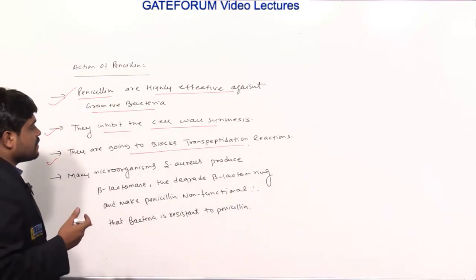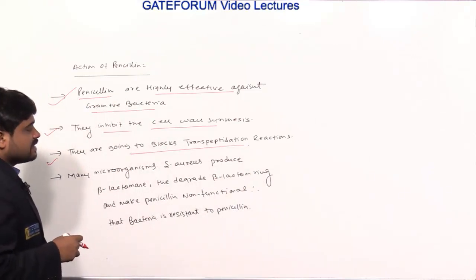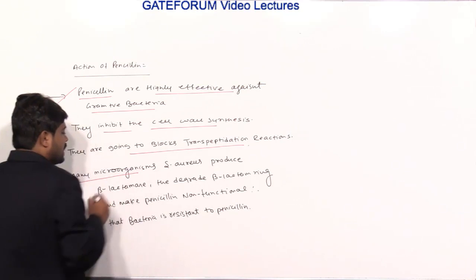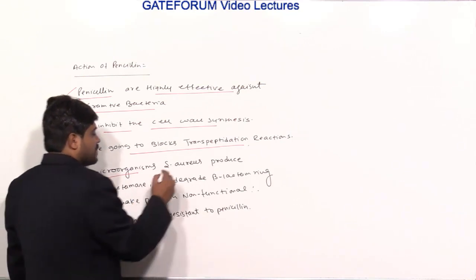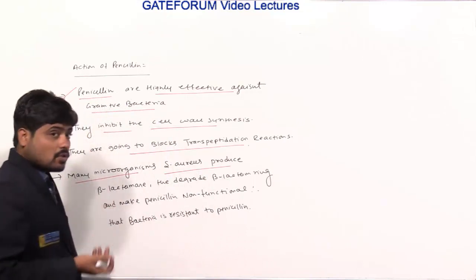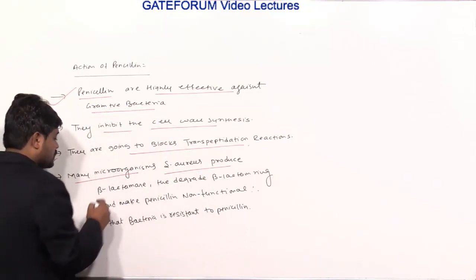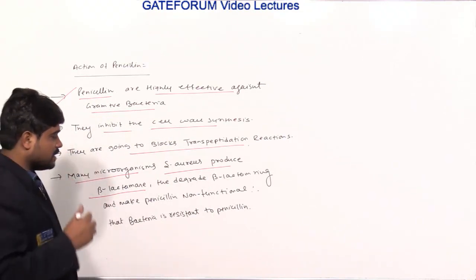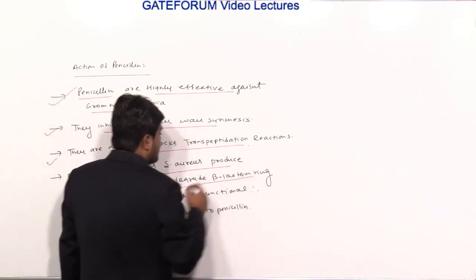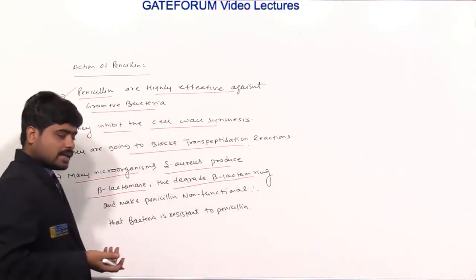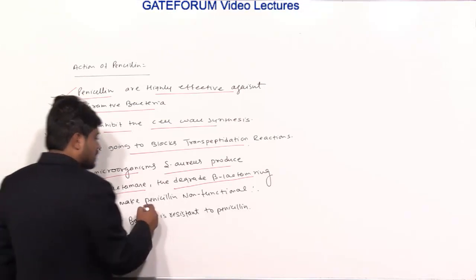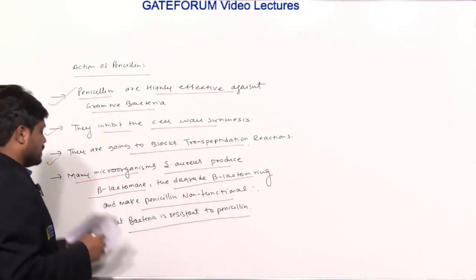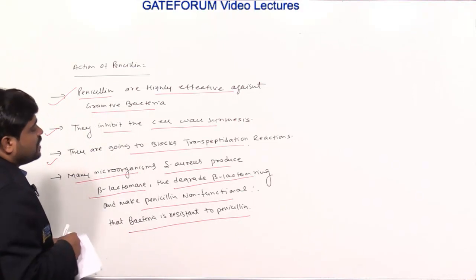But there are certain microorganisms such as Staphylococcus aureus which produce beta-lactamase. If they produce beta-lactamase, they degrade the beta-lactam ring, and if the beta-lactam ring is destroyed, the penicillin becomes non-functional and the bacteria become resistant to the penicillin. So exactly, this is the action of the penicillin.